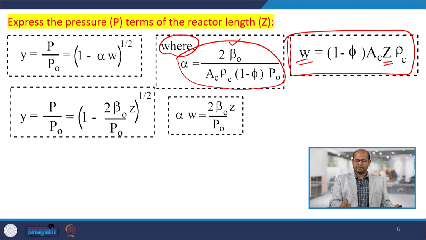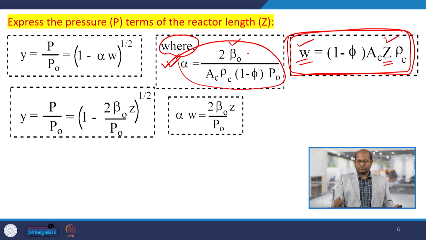These equations we discussed in our previous class; alpha is interrelated with beta 0, and W with Z. So, now if we multiply alpha with W, we will get this.